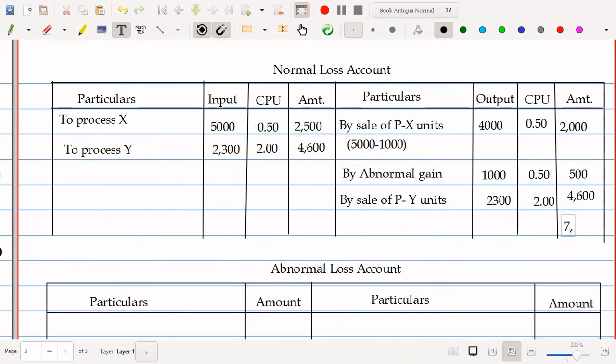It should tally: 7,100 and this comes to 7,300, and here also 7,300 and this side 7,100. So this is how you prepare the normal loss account. Whatever scrap is there, you have to recover it. These are the things which are taken in the normal loss account.